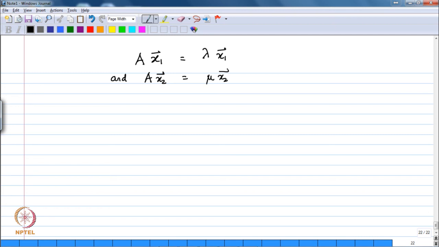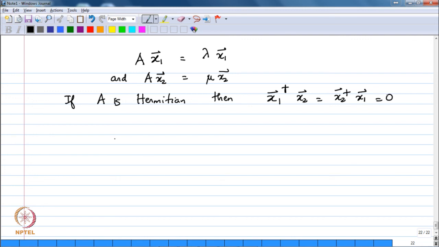If A is Hermitian, then x 1 dagger x 2 is equal to x 2 dagger x 1 equal to 0.